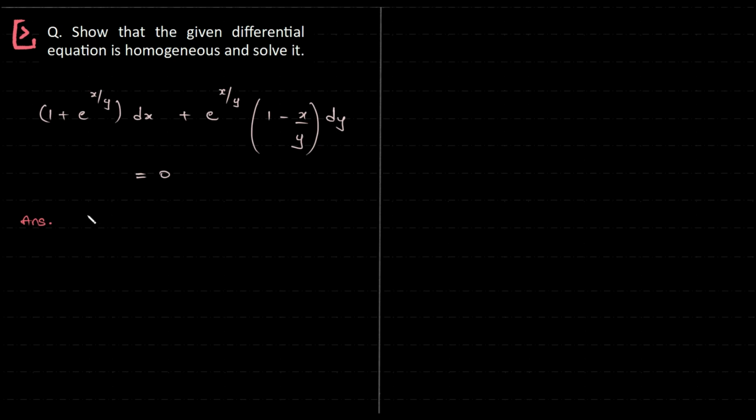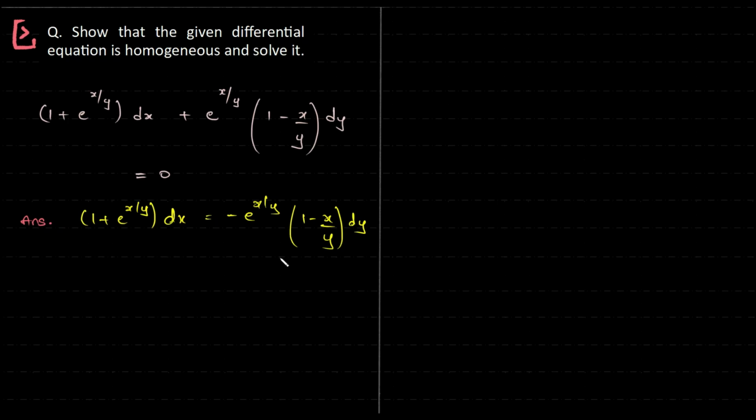So I'll keep dx on the left hand side itself. Again, while writing the question, I would prefer to rewrite it so that it's convenient for us to solve. 1 minus x by y dy. So I'm going to do two things. One is multiply this negative over here, so that would be x by y minus 1, and transpose it as well.